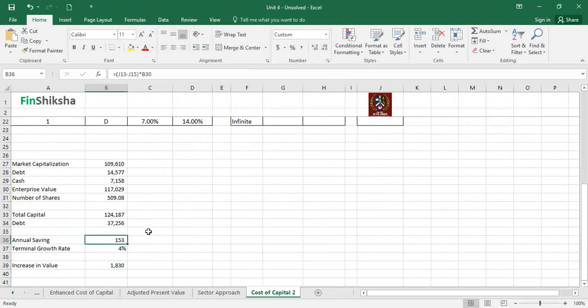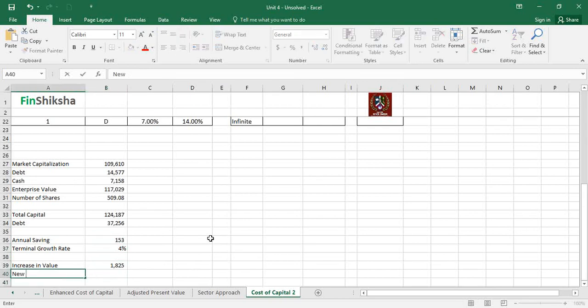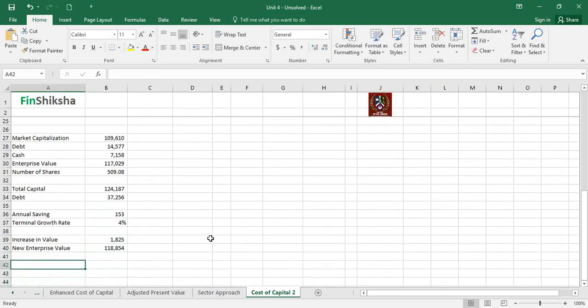So that's 1830, and I think if I put this as 153, it becomes 1825. So I just rounded it off to 153 and it becomes 1825 as we look at. So new enterprise value or firm value is the change plus the previous one, correct?